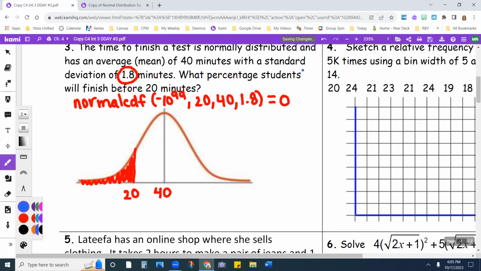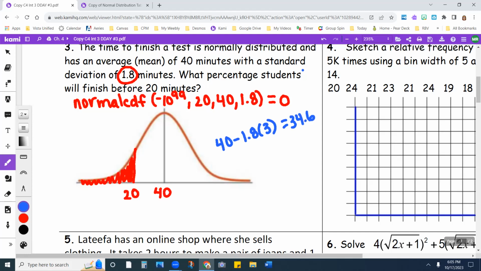Now, if that is a 1.8 standard deviation, it makes sense because if I had gone out 3 standard deviations, 40 minus 1.8 times 3, I would have ended up with 34.6.